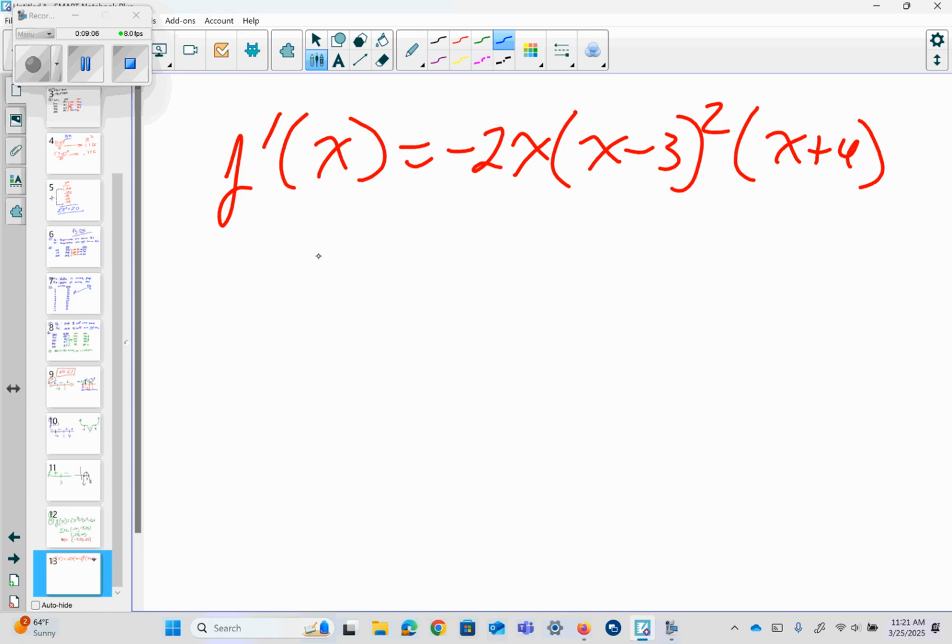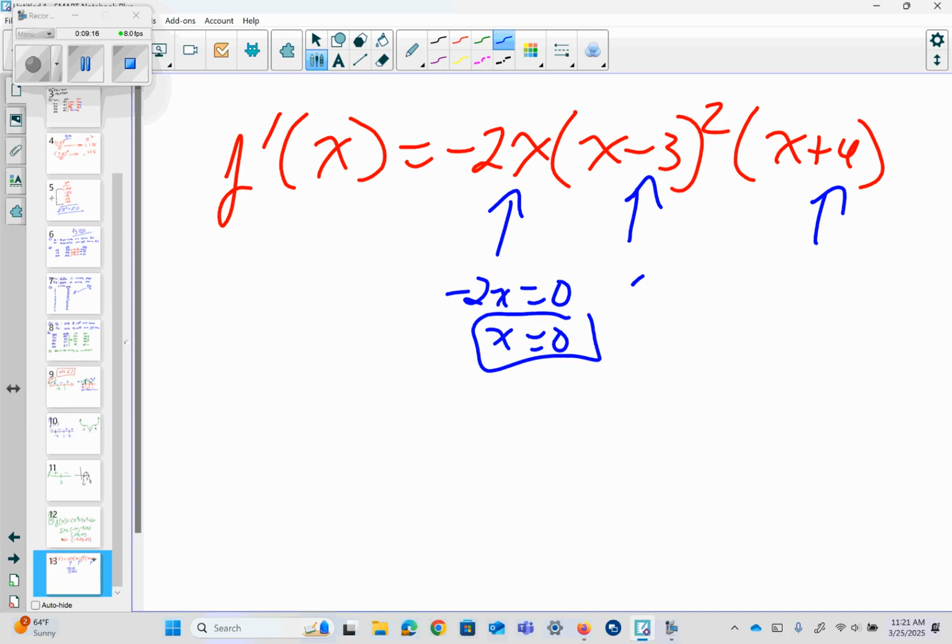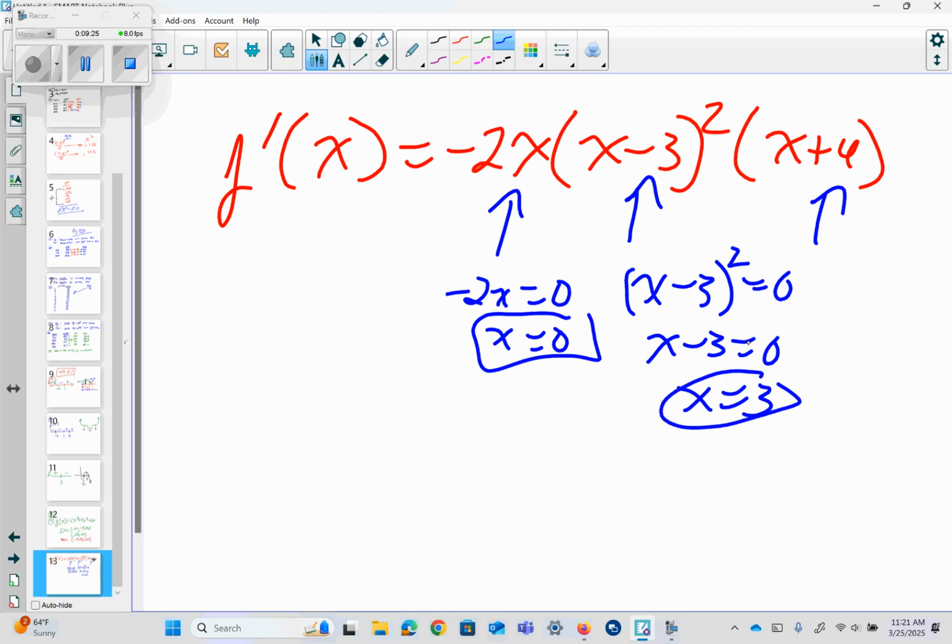So where would this be increasing or decreasing? So what I'm going to do is solve each of these. If I have -2x equals 0, so x equals 0, that's one of our critical values. Then I get x minus 3 quantity squared equals 0, so x minus 3 equals 0, so x equals 3. That's another critical value.